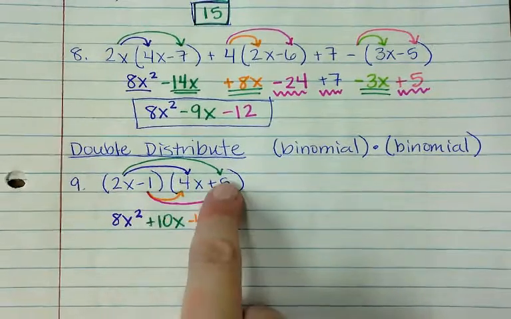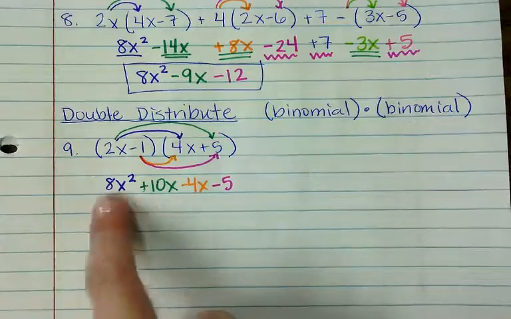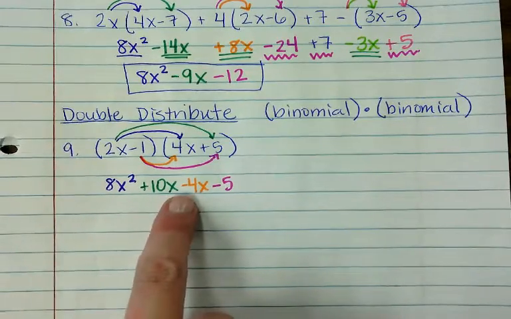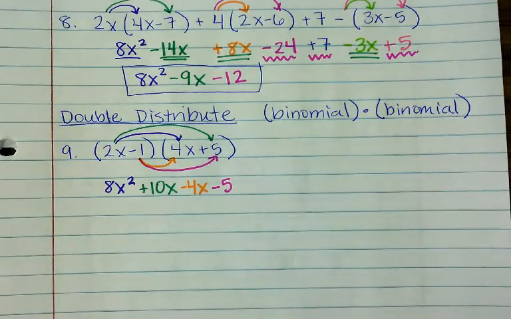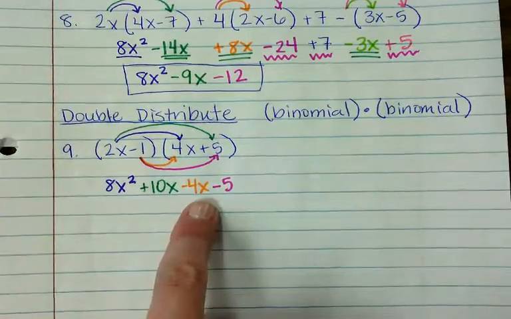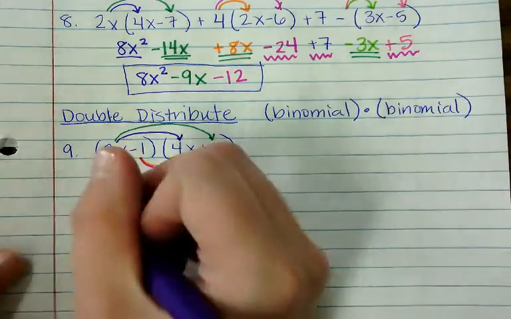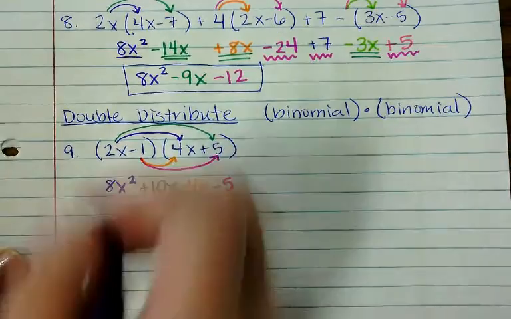But once we've double distributed, most of the time you are going to have to simplify, because this is not fully simplified, right? We need to go here, and we are going to say, well, 8x squared, are there any other x squareds? Nope. So it's just 8x squared.